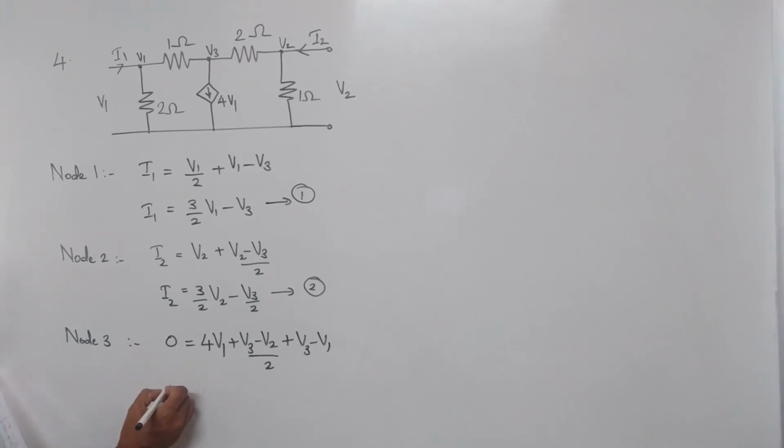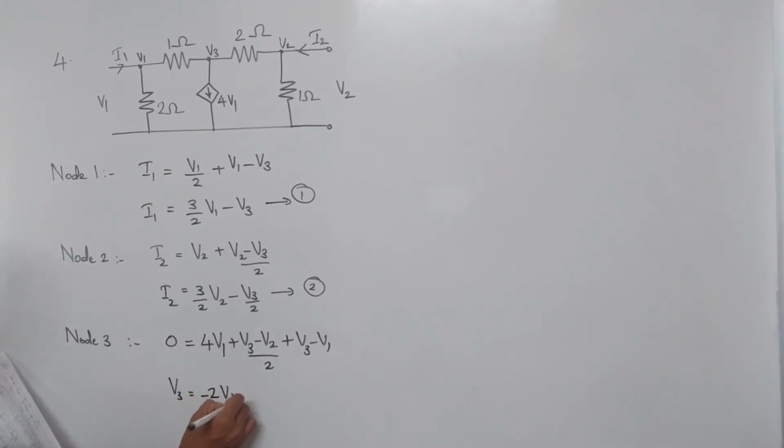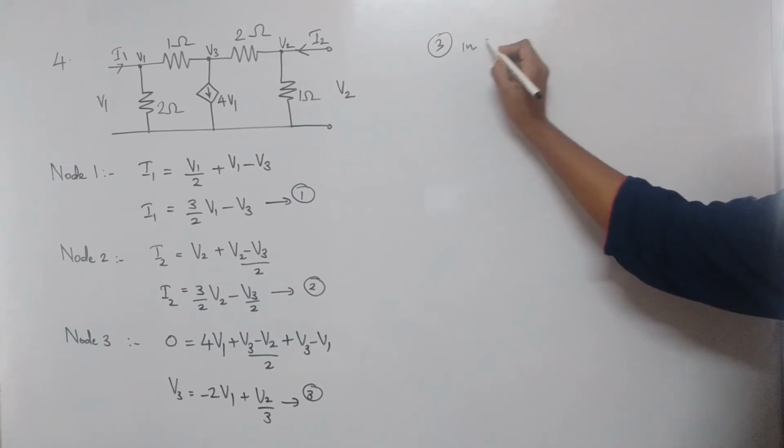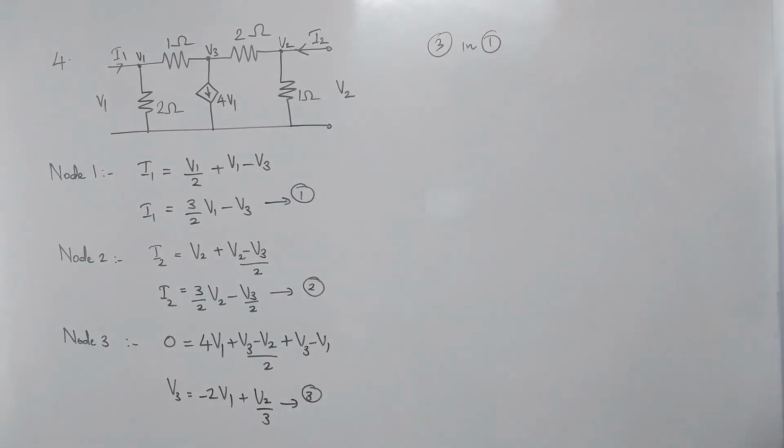Or we will get V3 equal to minus 2V1 plus V2 by 3. Now that equation 3 can be substituted in equation 1 and equation 2. So we can substitute equation 3 in equation 1.